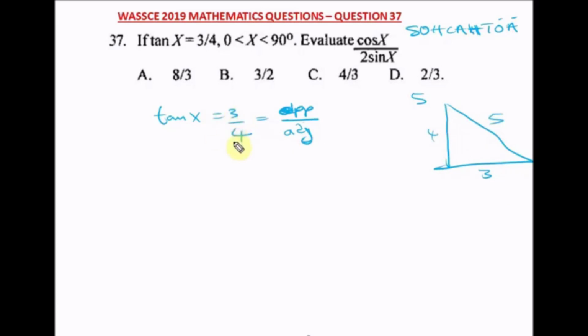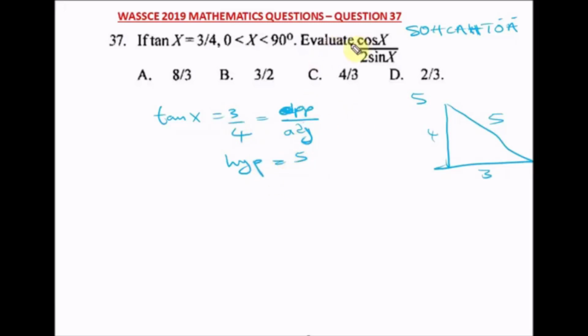So our hypotenuse is equal to 5. I don't want us to take time solving this out, but you should know it.